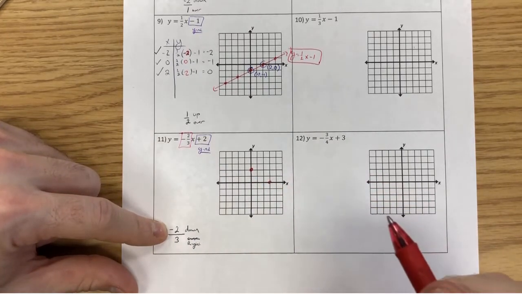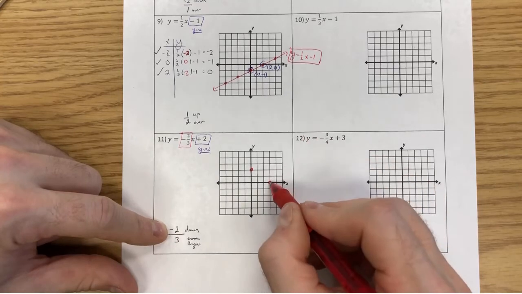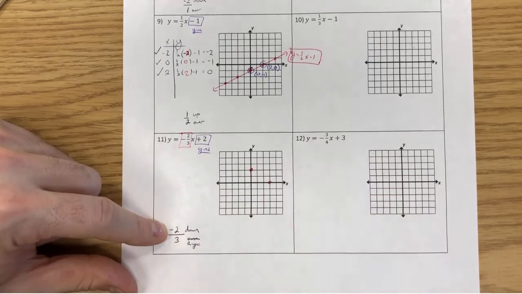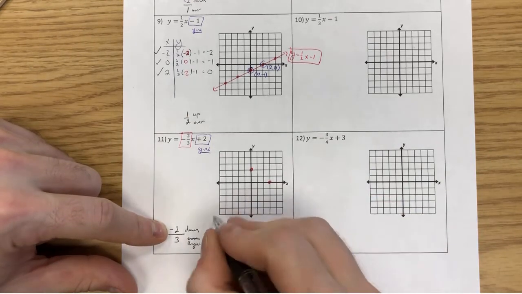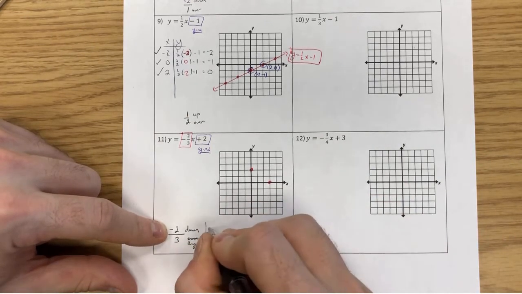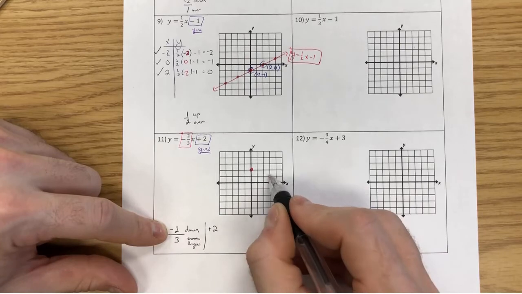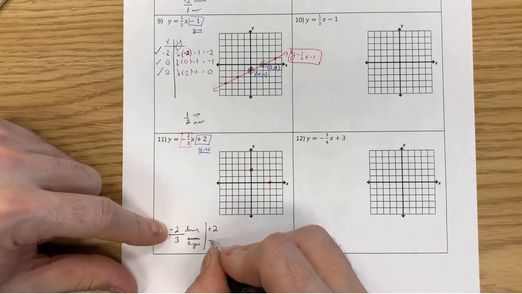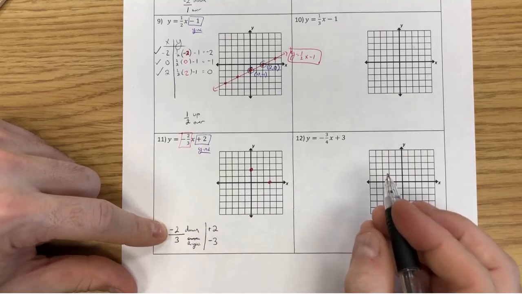So down 2, right 3, down 2. Okay, I don't have any room left. But let's flip it. If I go the other direction, up 2, back 3. And if I go up 2, I know that I would have to show that as a positive 2 because I'm going up. And if I went back 3, I'd have to show that as a negative 3.